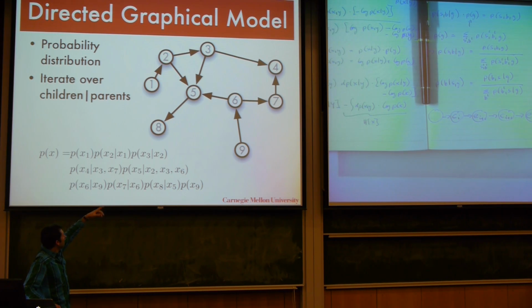Vertex 3 depends on x2. Okay, so that's fine. x4 depends on 3 and 7. And you just go through. So this is very straightforward to compile a directed graph into a directed graphical model. Any questions here?